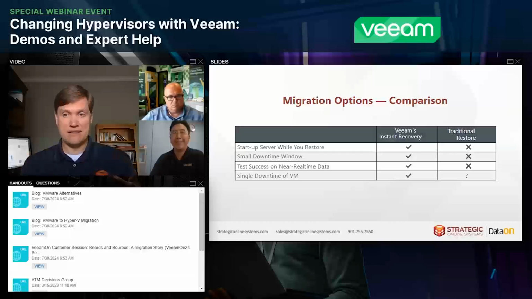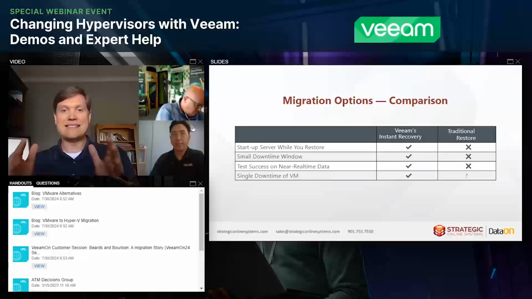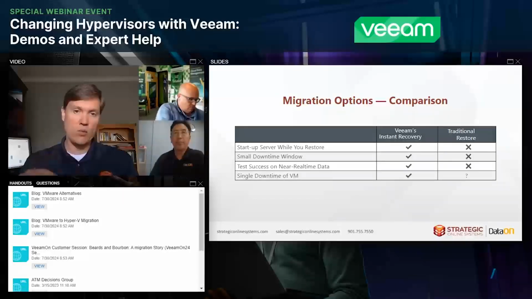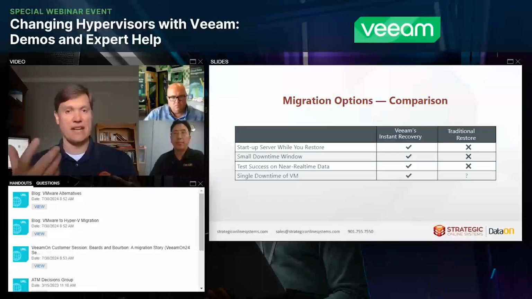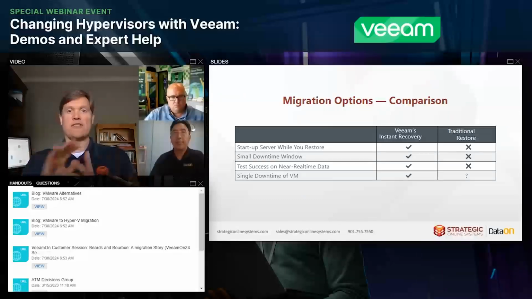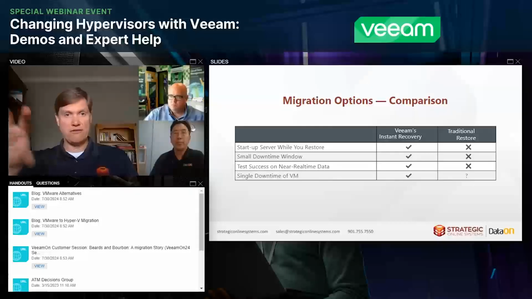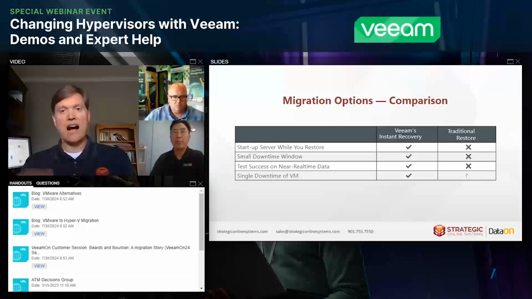It's just magic. So of course we love instant recovery. And then the second part about that is the small downtime window, because it's not just restoring while you start it up, it's also converting it. Veeam allows you to convert from 8 different virtual platforms to Azure Stack HCI or Hyper-V on the fly.